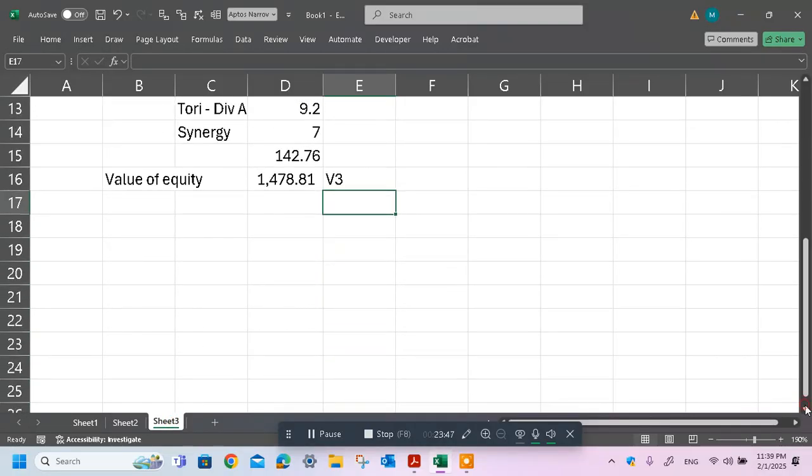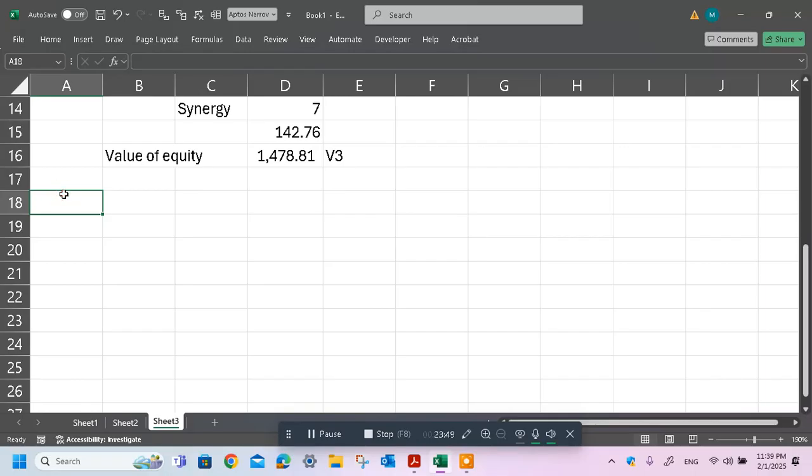So I am now attempting to find value 4. Dutch company is the name they have given. That's basically division B, department B. I need to find the cash flow. So let's say current year.